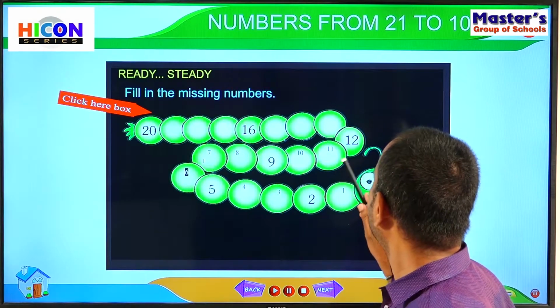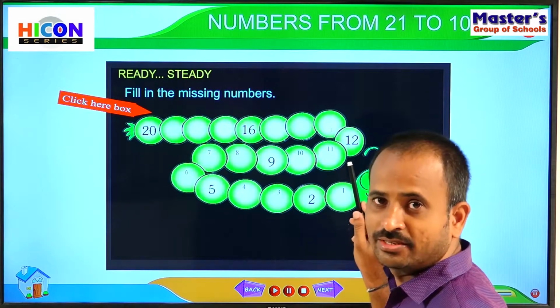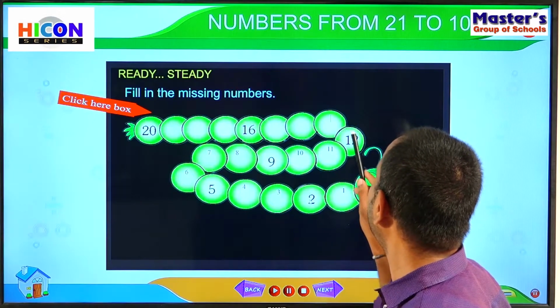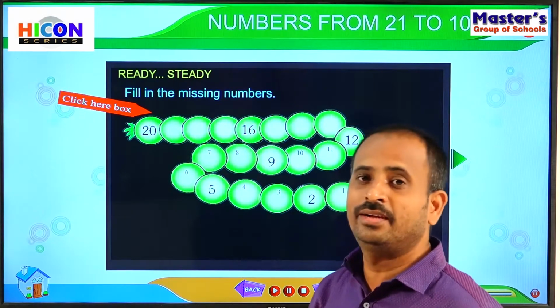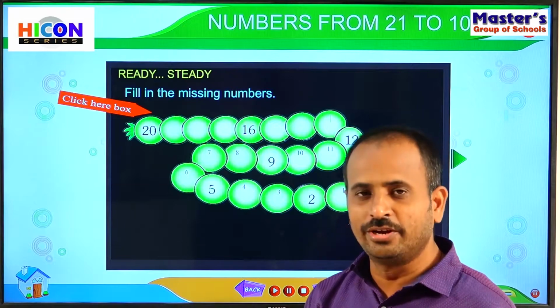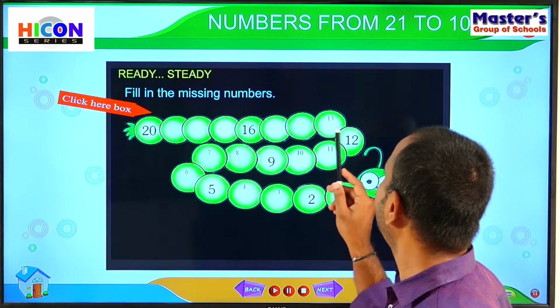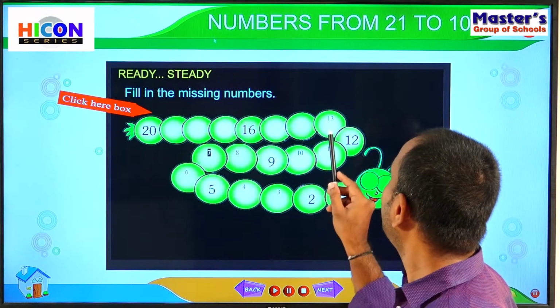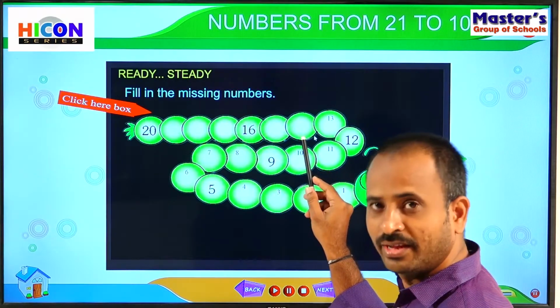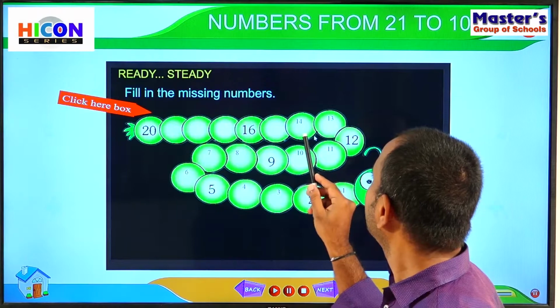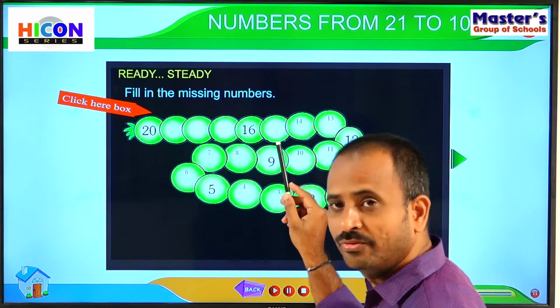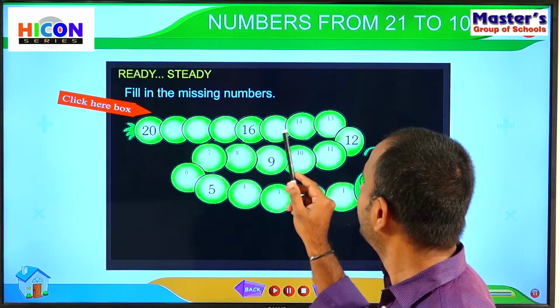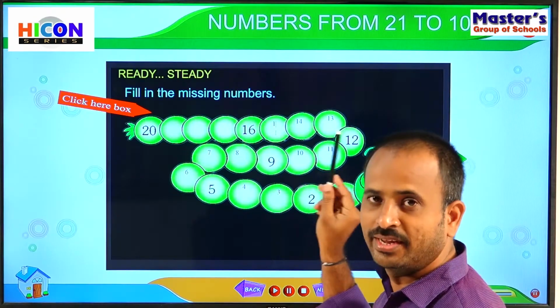After 11, we will write 12, and it is already given. After 12, what number do we have to write? Very good, 13. Write 13 here. After 13, yes, 14. After 14, which number will we get? 15.